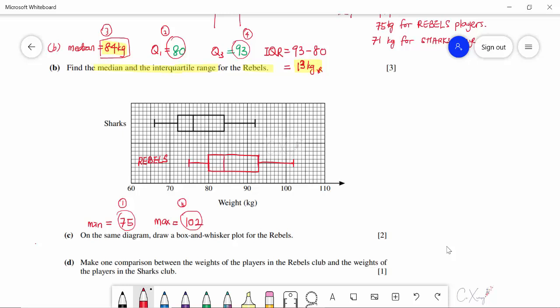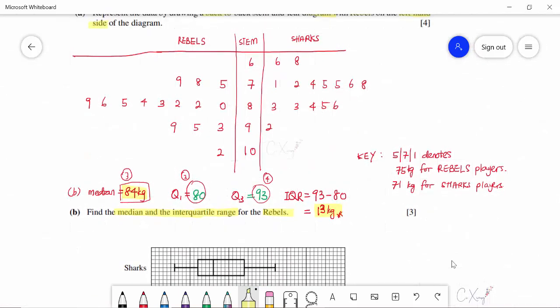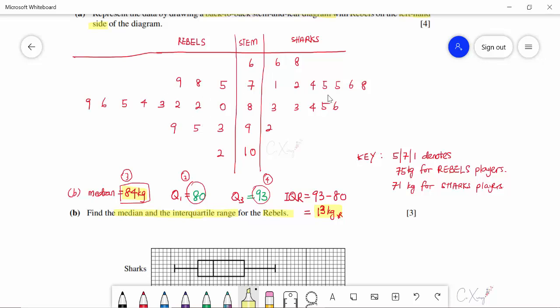Okay, then how about part D? For part D, they want to make one comparison between the weight of the players in Rebels Club and the weight of the players in the Sharks Club. For a comparison question, maybe you can have a look at the data again. When you have the back-to-back stem plot, you can have a general overview of the difference between these two groups.